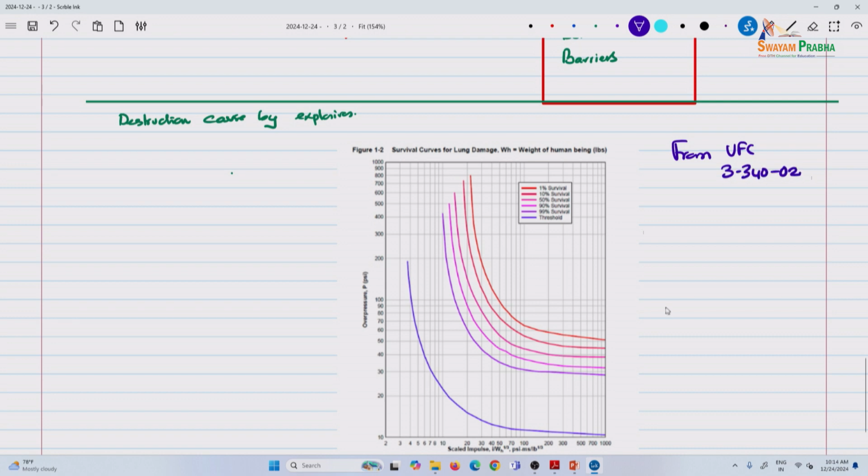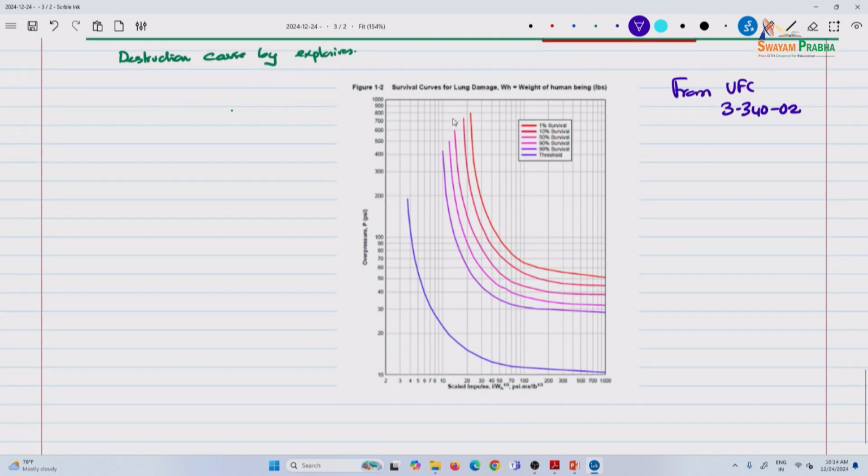What you see is the survival curve for lung damage, and I'll show you others as well. This is in terms of scaled impulse. I know I haven't quite introduced that term. This is scaled impulse, which is impulse divided by the weight, and this is the overpressure. We've talked of overpressure already. Going from 10, this is in PSI.